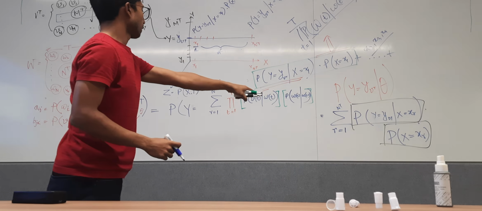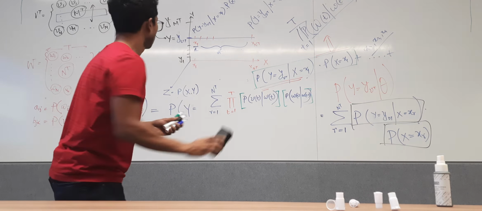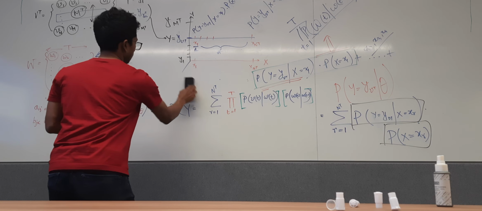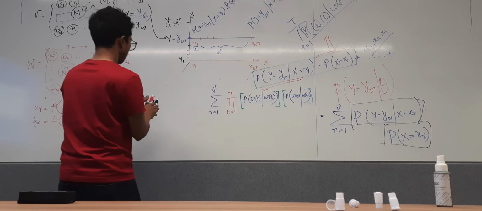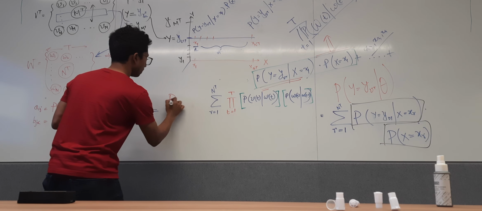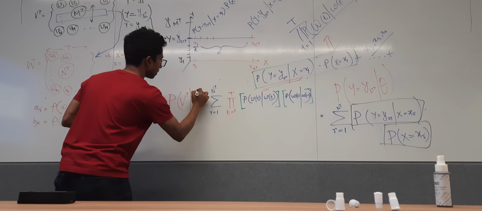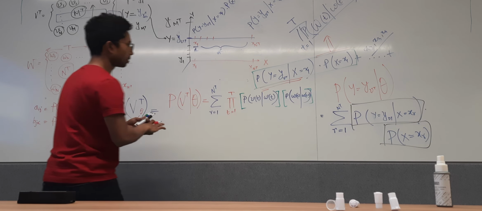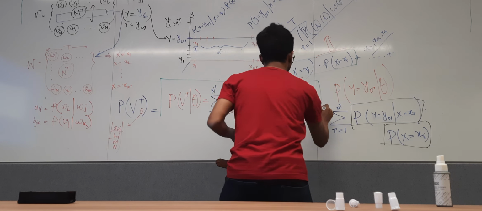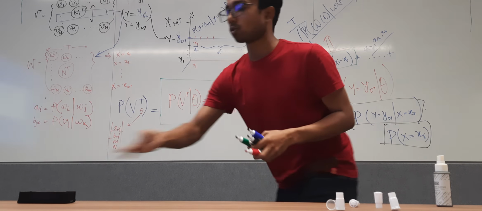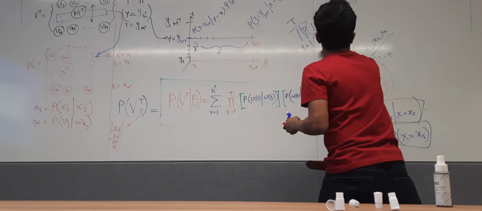If I now multiply this, this is nothing but my probability of VT given my hidden Markov model theta, and I have just evaluated this model in terms of the A's and the B's.